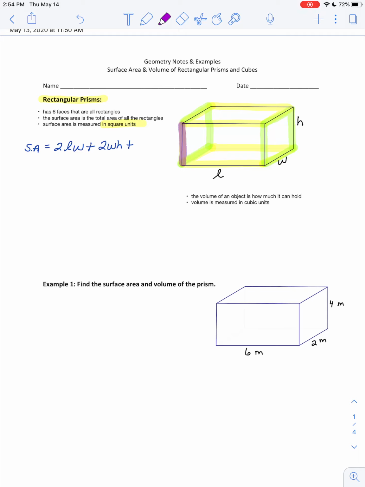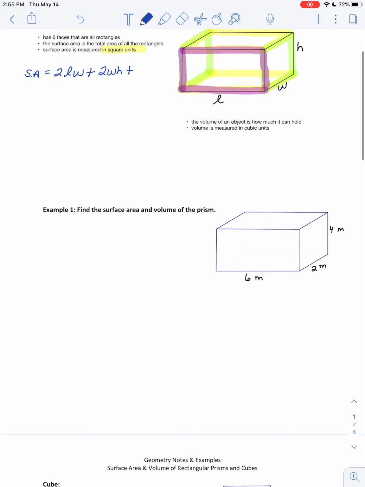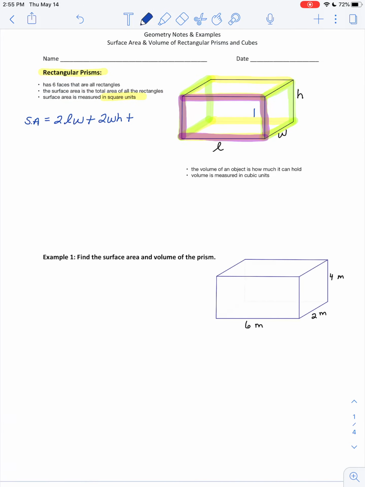Outlining the front, this rectangle has dimensions L times H. So we're just going to bring the H over here. This is the same height as this one here. And of course the back is going to be a congruent rectangle with those same dimensions, L times H. So to finish up our formula, we have 2LH. So that is the total surface area of a rectangular prism.